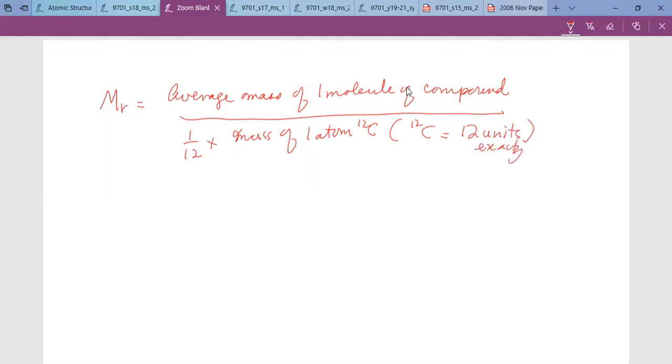Okay, so this is 1 mark, so it is 2 marks.